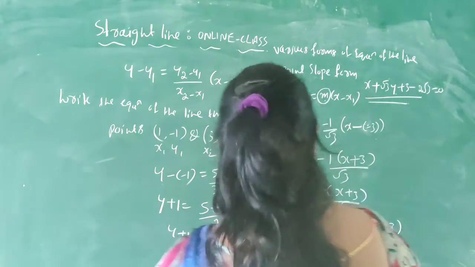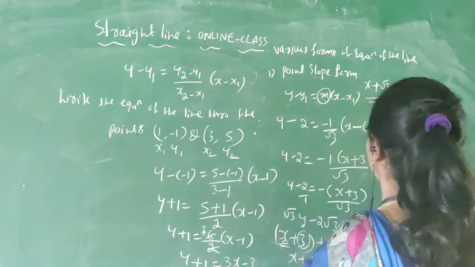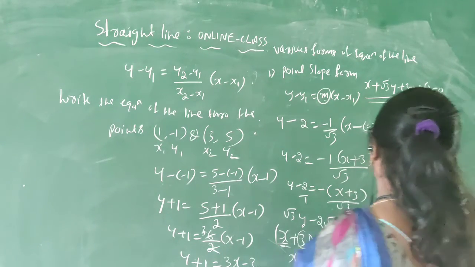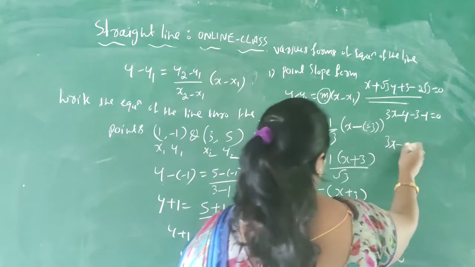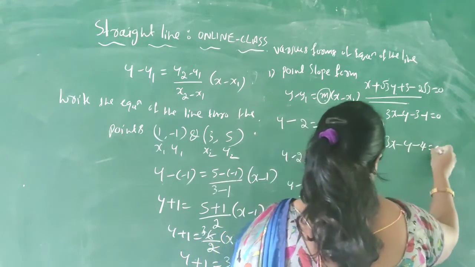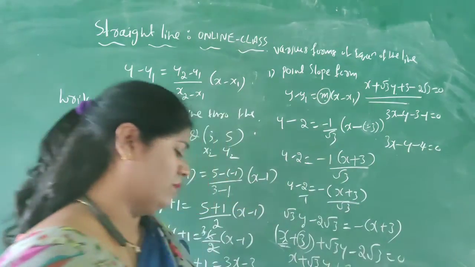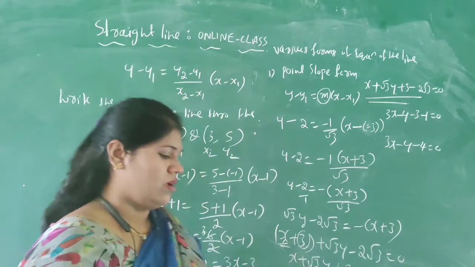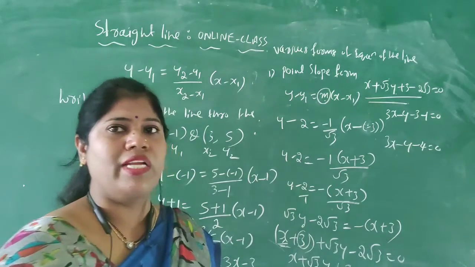After that we get 3x minus y minus 3 minus 1 equals 0, so 3x minus y minus 4 equals 0. This is the equation of the line through the points.